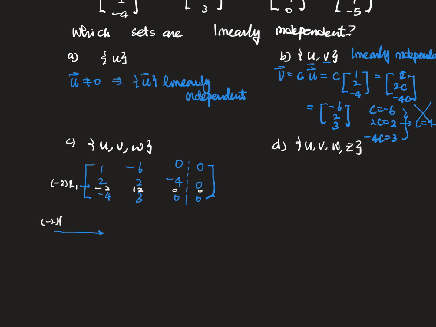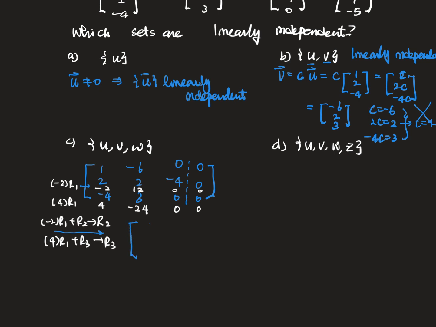Negative 2R1 plus R2 goes to R2, and 4R1 plus R3 goes to R3.